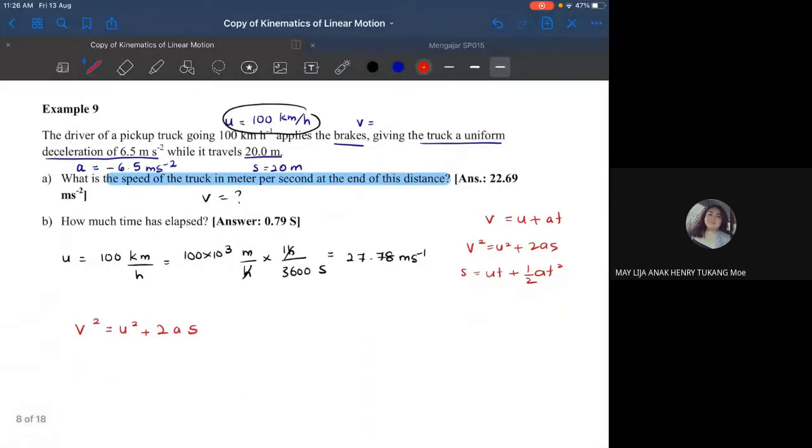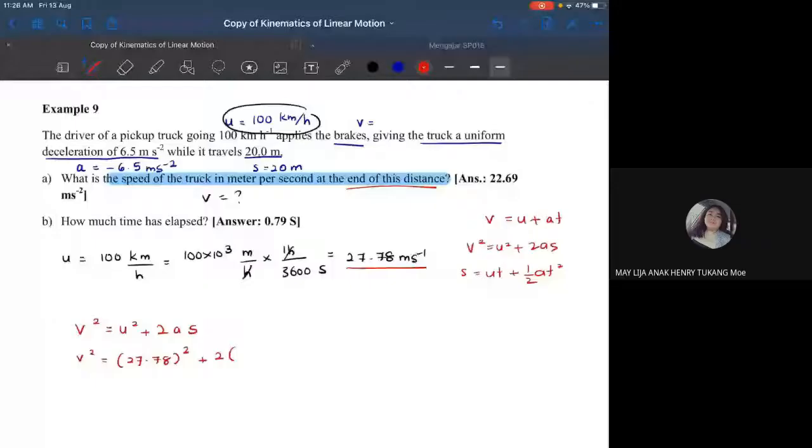Okay, so dia nak V kan, dia nak speed of the truck at the end of the distance lepas dia dah tekan brake tu kan. So dia nak V square, U square adalah this one, 27.78 square plus 2 and then A kita adalah negative 6.5 and then distance kita adalah 20.